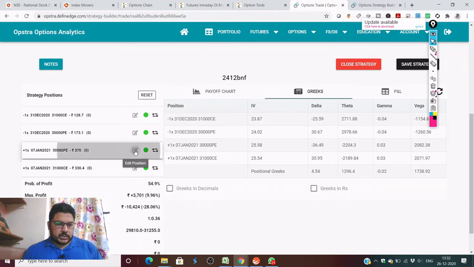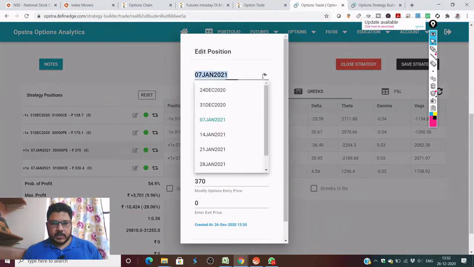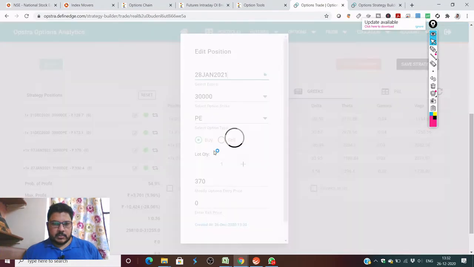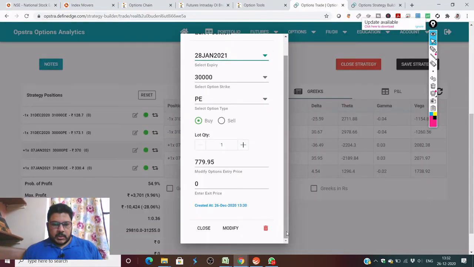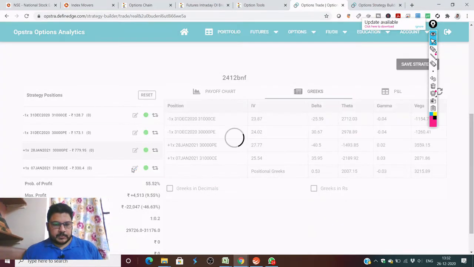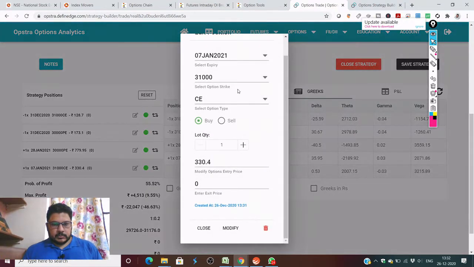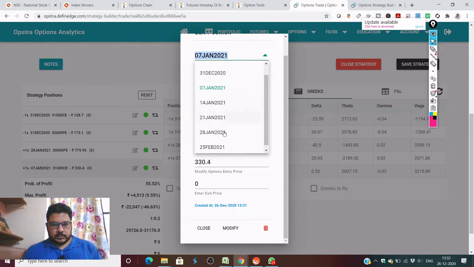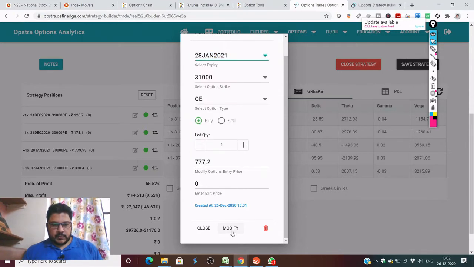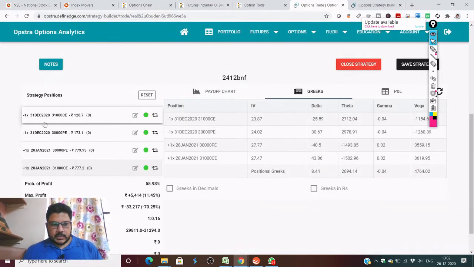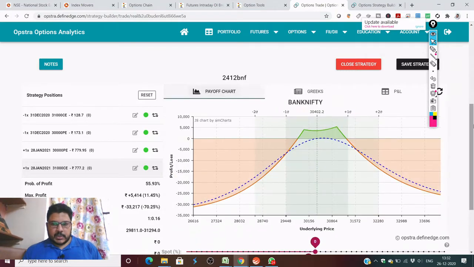Now if I change this to monthly, say for example, I will take it to monthly expiry and modify it. So what we are doing here is selling the 31st December call and put and buying the 28th Jan call and put, which is our monthly strike.